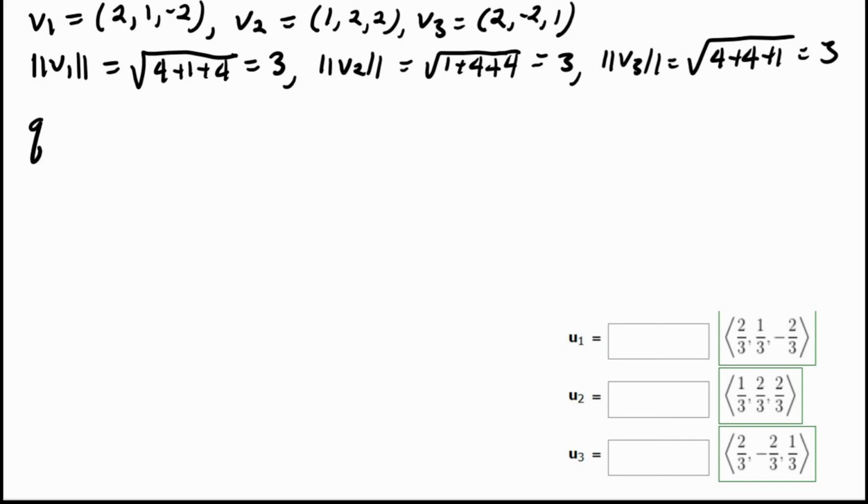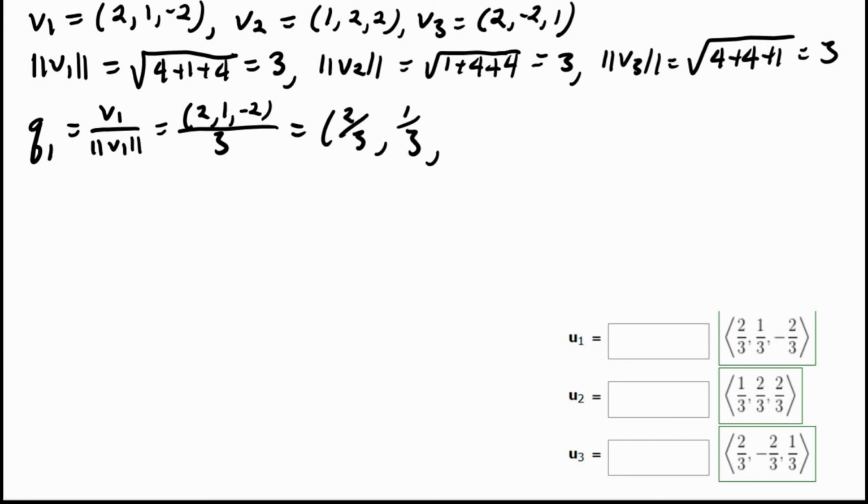Again, these problems are definitely rigged, right? So q sub 1 is the v sub 1 over the norm of v sub 1. So this is 2, 1, negative 2 over 3. So we get 2/3, 1/3, and negative 2/3. Q sub 2 is v sub 2 over the norm of v sub 2.